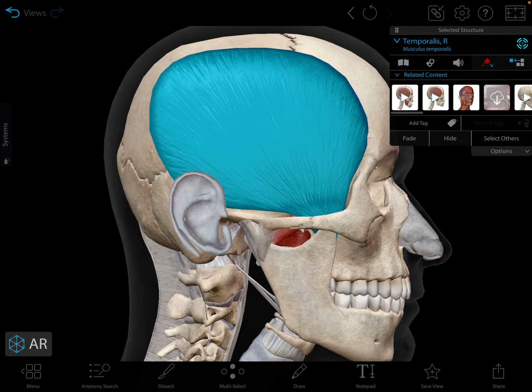Now, for our temporalis muscle, our masseter muscle, and what we're going to call our pterygoid muscles, these are all innervated by a common nerve, just like we had a common nerve innervate our facial expression muscles that we mentioned earlier.